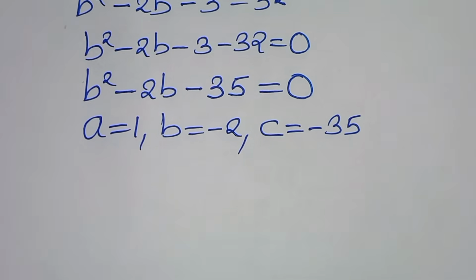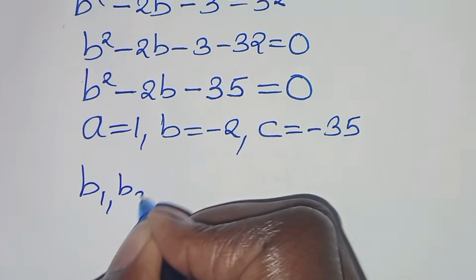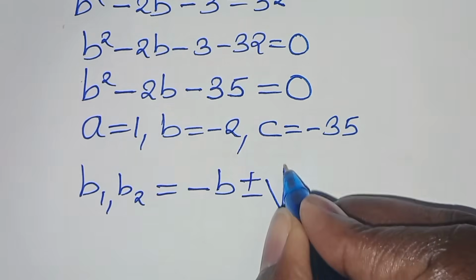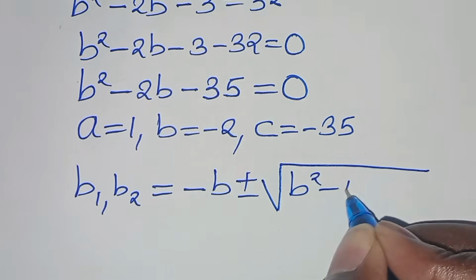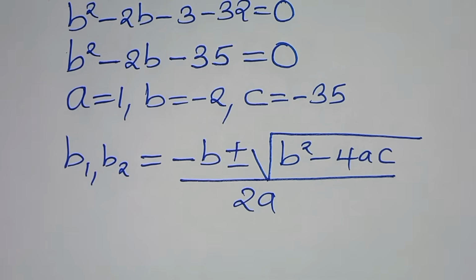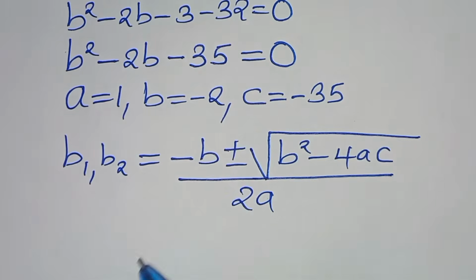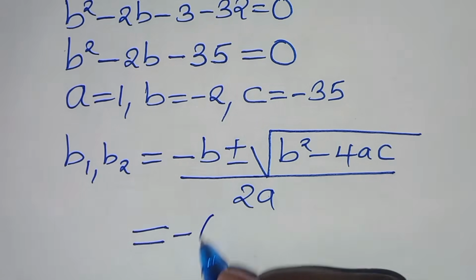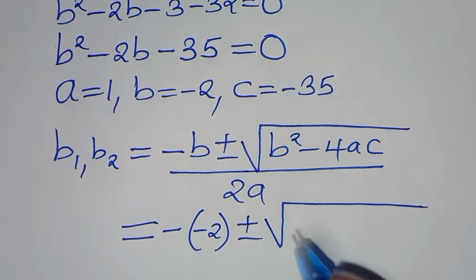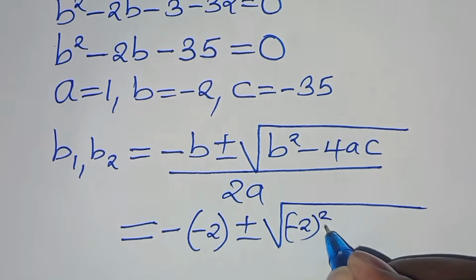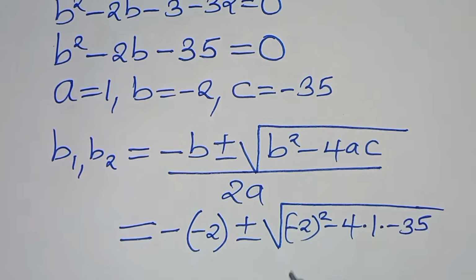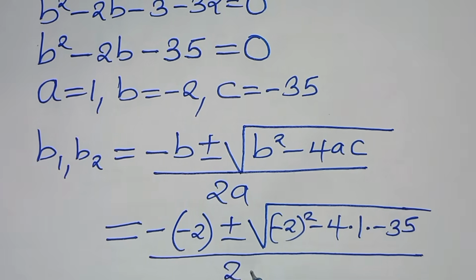The next step from here, to solve for B1, B2, we apply the quadratic formula, that is minus B plus or minus the square root of B squared minus 4 times A times C, everything here divided by 2 times A. Let's substitute for the values of A, B, and C from here, so that now we have minus minus 2 plus or minus the square root of negative 2 squared minus 4 times A, which is 1, times C, which is minus 35, everything divided by 2 times 1.